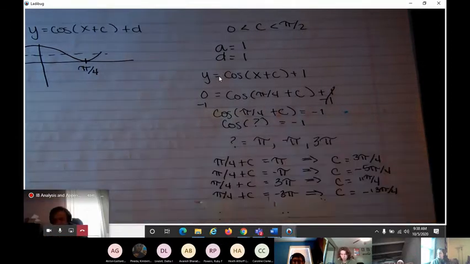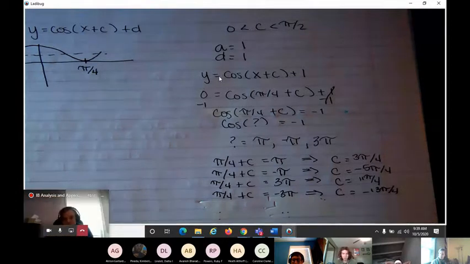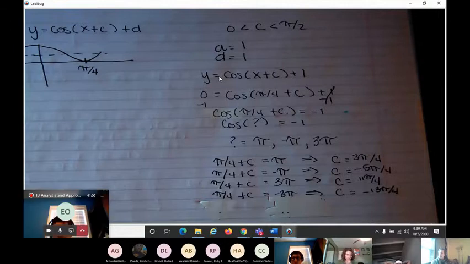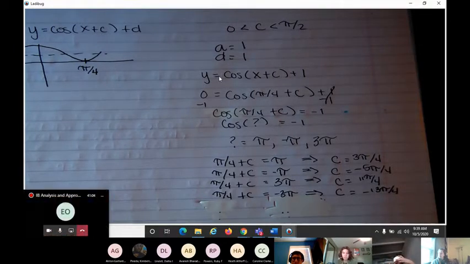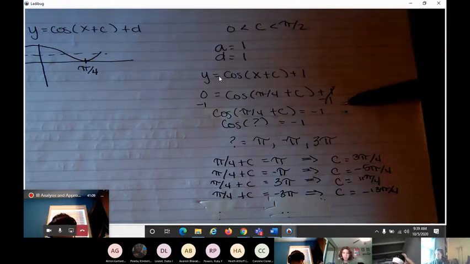And that doesn't work either. So going more negative doesn't work. Did I do something wrong? Did I make a mistake? No, this is +1. We subtracted 1 from each side.